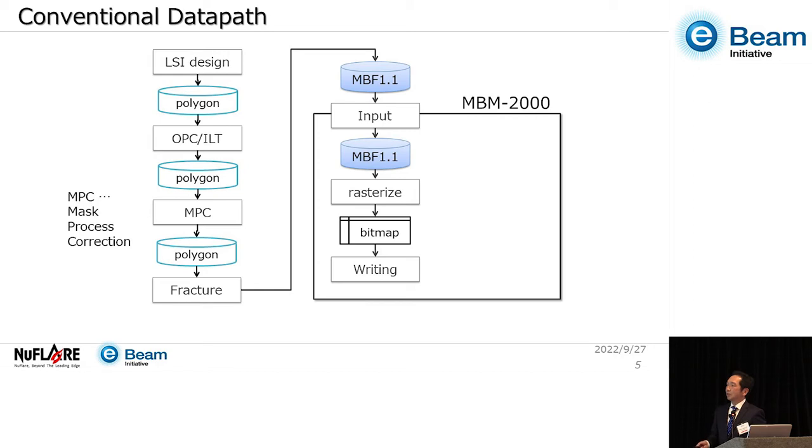So that figure count issue is happening here in MPC and in the inline data path of MBM, multi-beam mask writer. And finally, all figures are converted to bitmap and sent to writing. But if MPC is using pixel-based data handling, then why not moving this one to here is a basic idea.